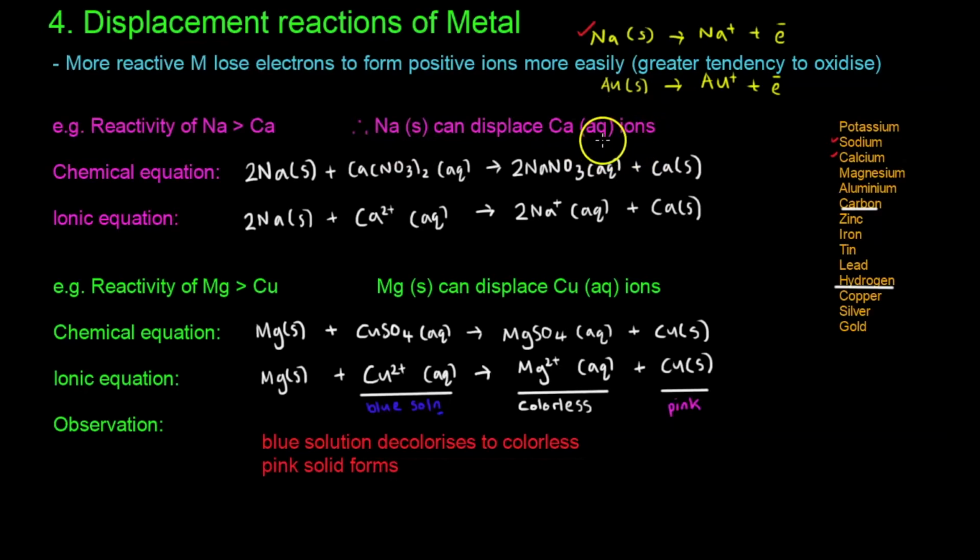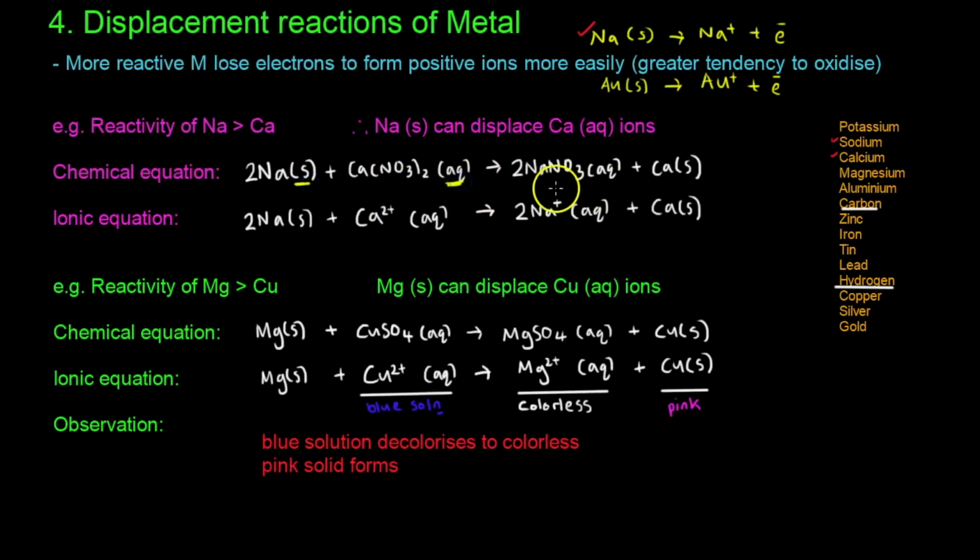That doesn't make sense, for two solids to react. So let's take a look at sodium and calcium. I require 2 moles of sodium metal solid reacting with, for example, calcium nitrate, which is aqueous. So the conditions are met, solid and aqueous.